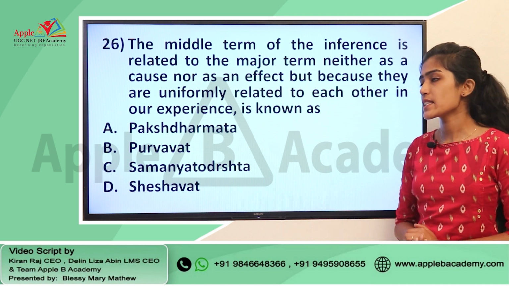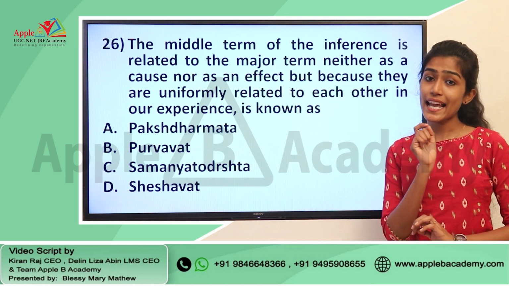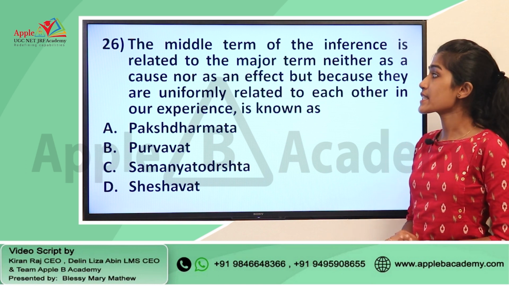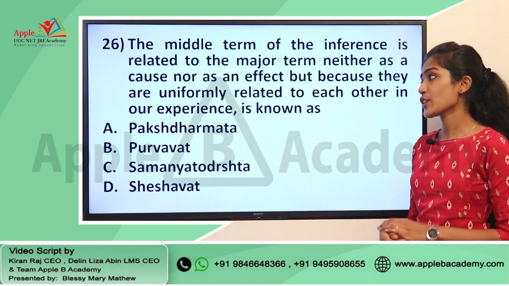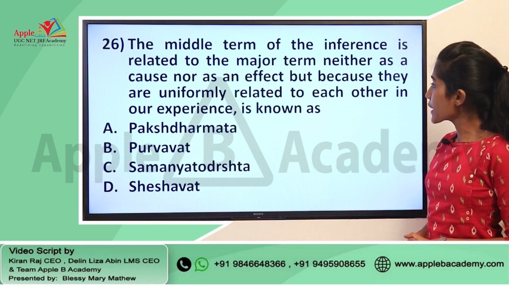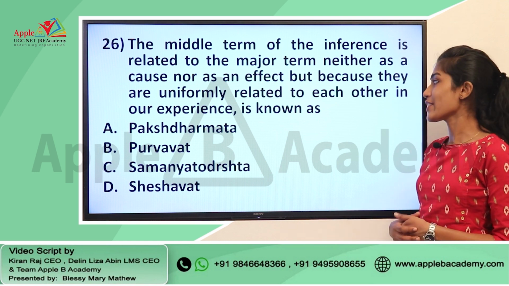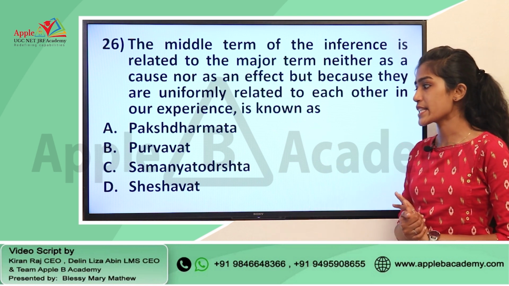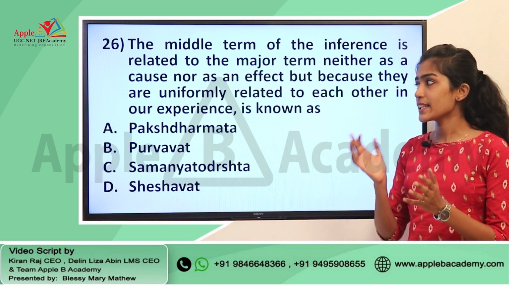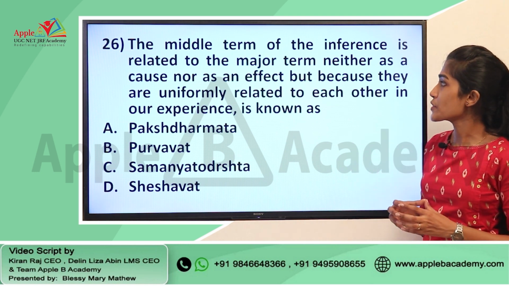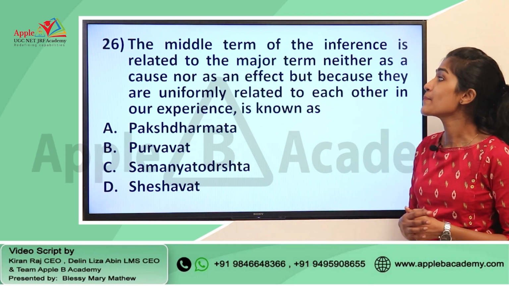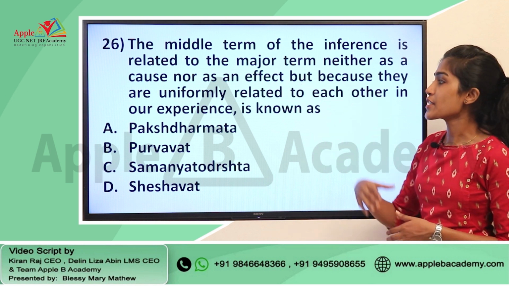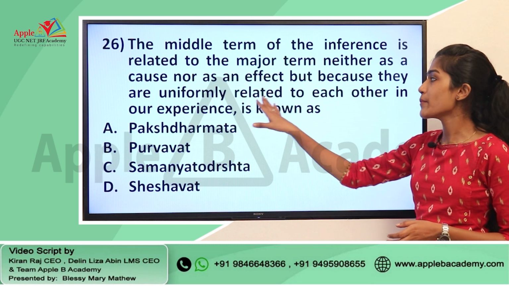So, this question is from the module logical reasoning and particularly from interlogic. The middle term of the inference is related to the major term neither as a cause nor as an effect, but because they are uniformly related to each other in our experience is known as, and we have given various options as well, and we have to identify from the options that the type of inference in which the middle term is related to the major term because they have uniformly related to each other.